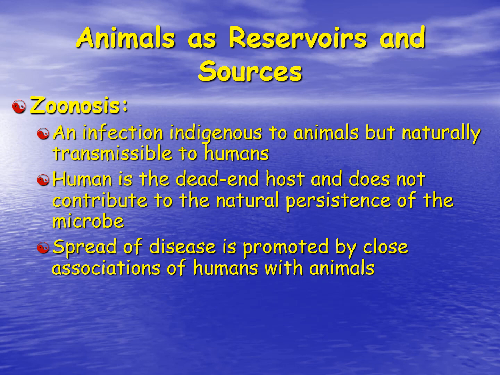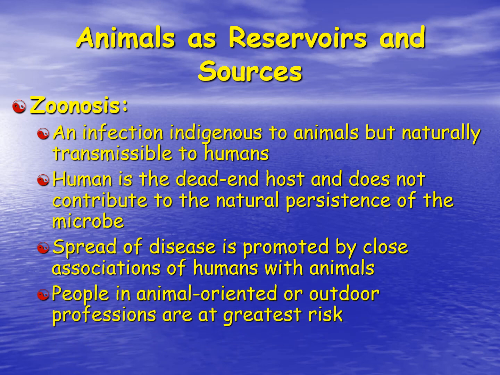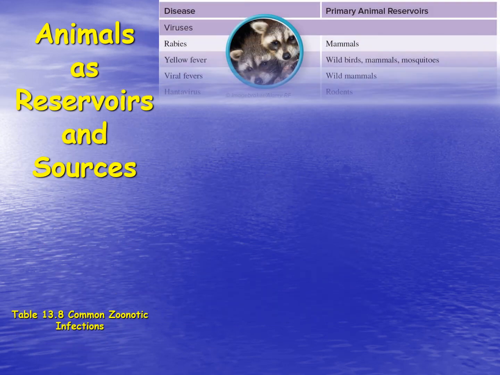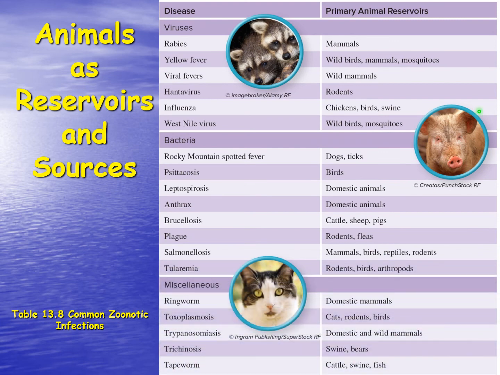How many of us may have snakes as pets? So we actually have a much higher zoonotic factor than we've ever had before. So people in animal-oriented or outdoor professions are at greatest risk for zoonotic disease. And this is just a few of the diseases.